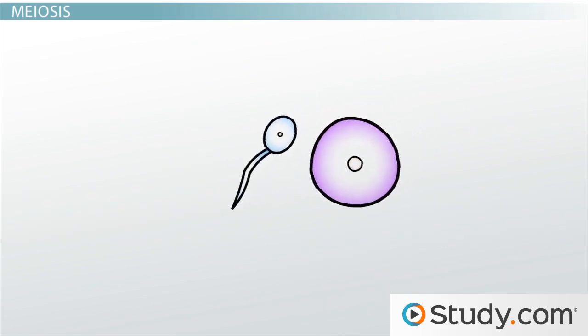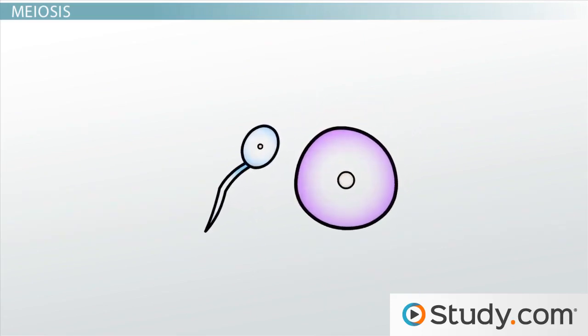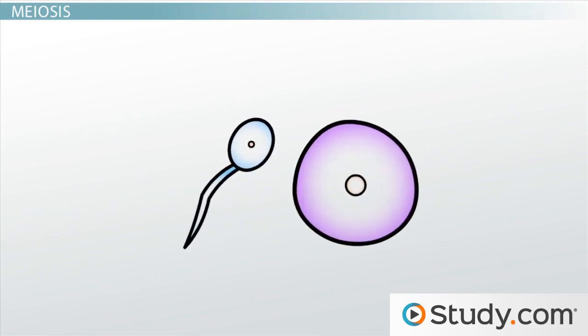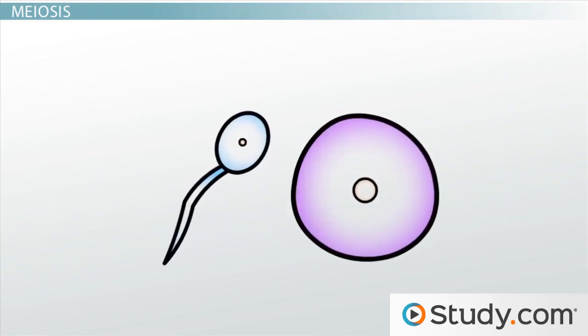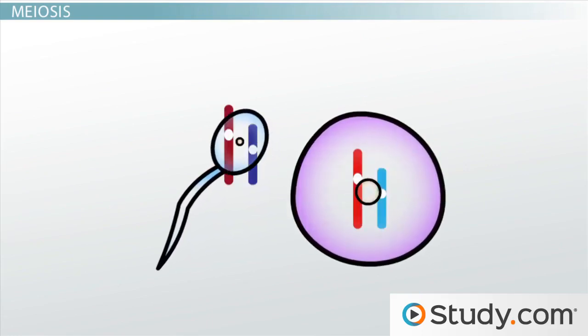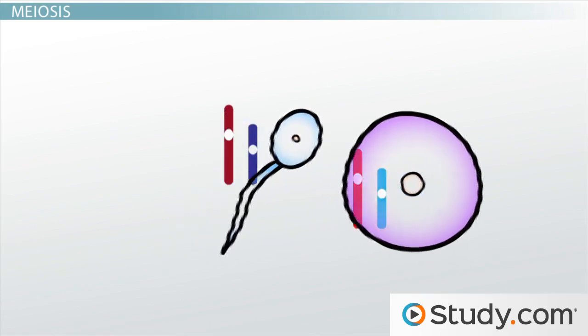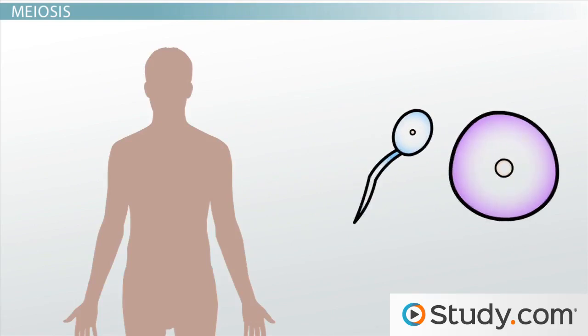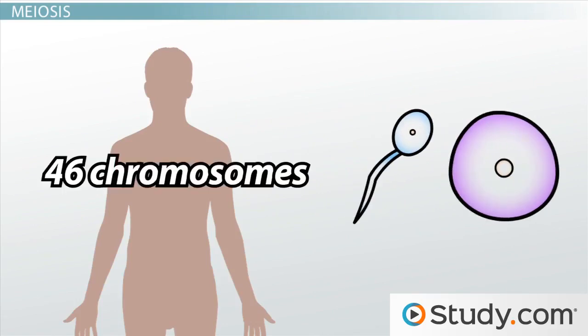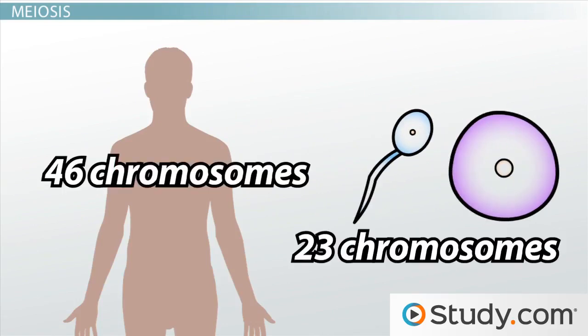Okay, now that we have that straight, we need to understand that the sperm and egg are different than other cells in your body. They are different because they only have half the number of chromosomes or genetic material. A basic human body cell contains 46 chromosomes, but a gamete only contains 23 chromosomes.